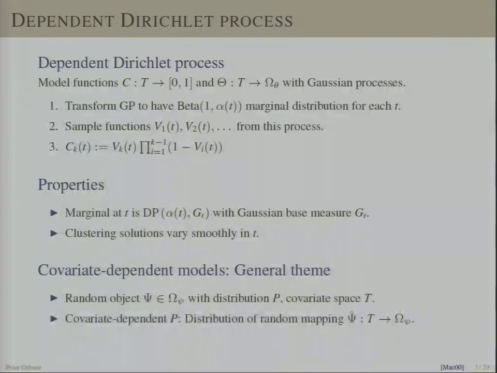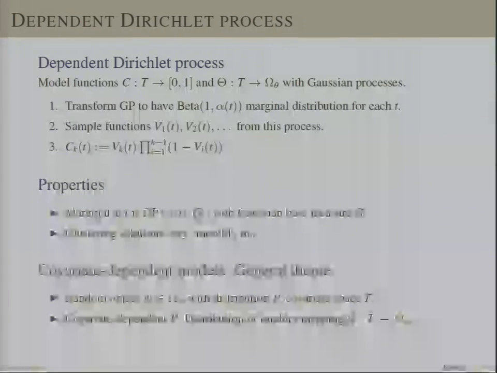Okay? And we have to think about how we can model that function. And similarly, for the parameter values, we have a function from time into the set of possible cluster parameters, yeah?